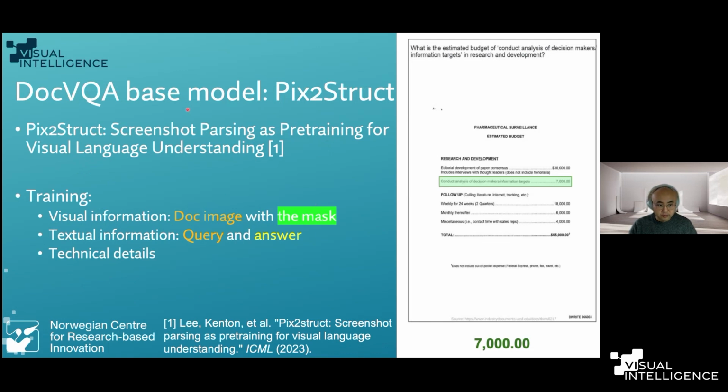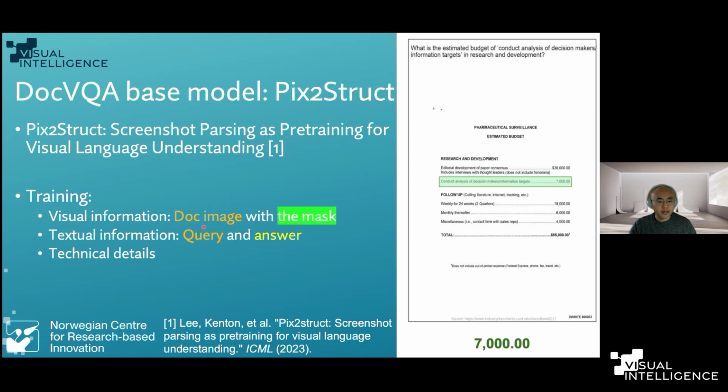So we have a base model which is called PIX2Struct. This paper was published 2 years ago in ICML, and it's about training. They train on the document image with those query questions to make some answer.